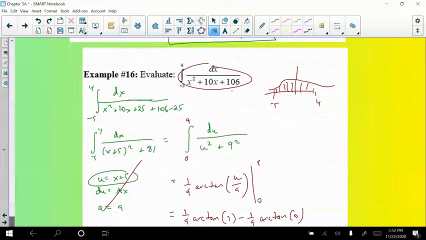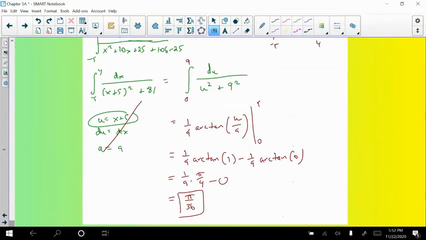Again, to me, that's just so cool that you have a finite length, a base of 9, from -5 up to 4, yet its area is pi over 36. And at first glance, you wouldn't think there'd be any pi's there anyway. So it's kind of a cool thing.